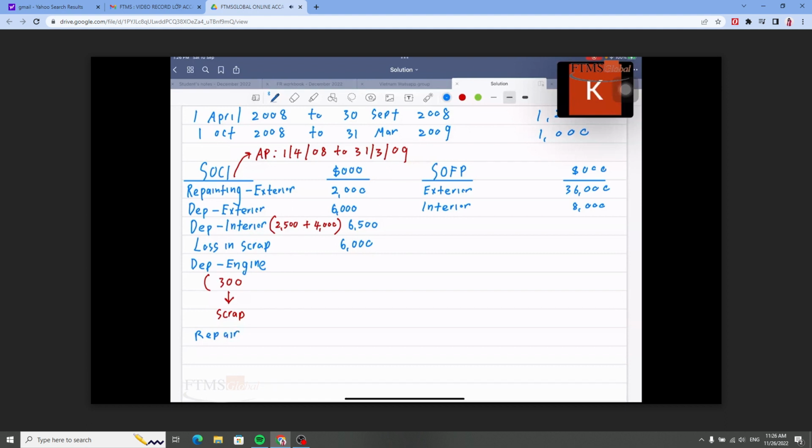Okay, engine. 3 million. Okay, right. Okay, so there's only data, then it's a change in depreciation estimate.